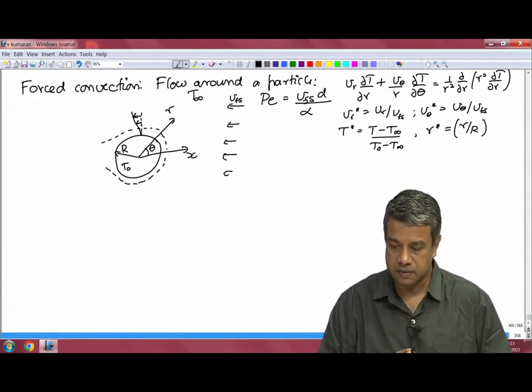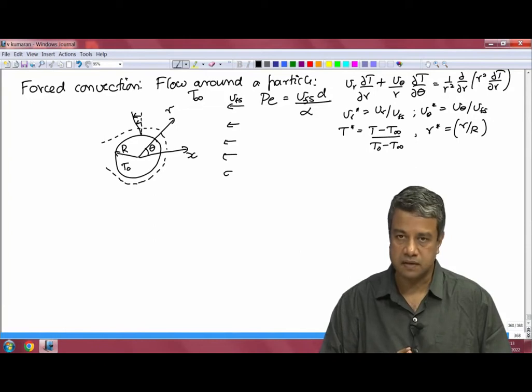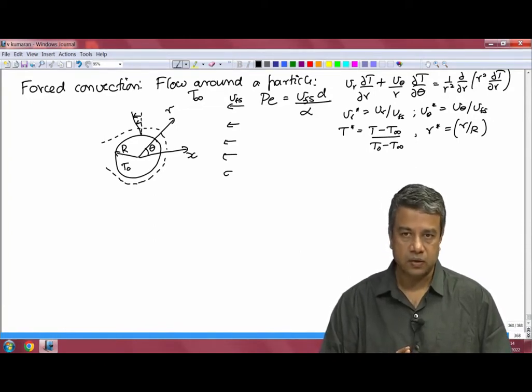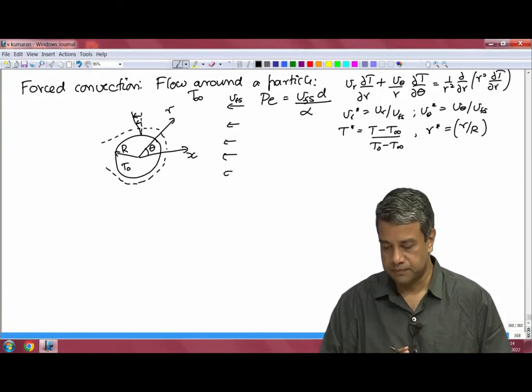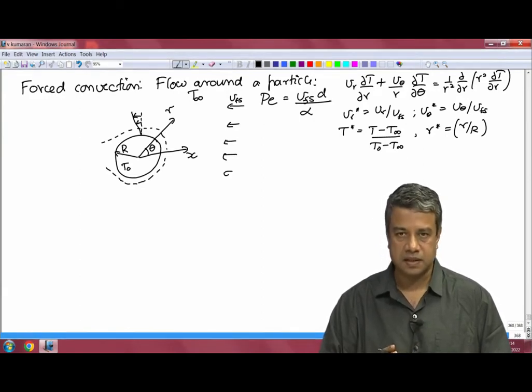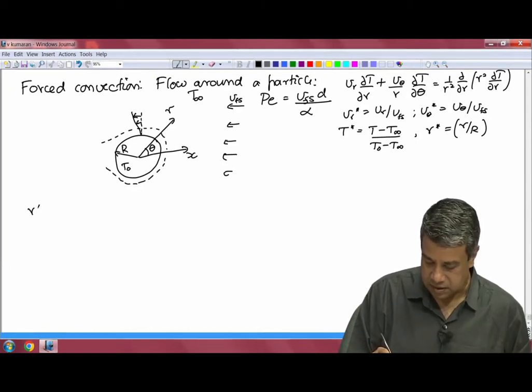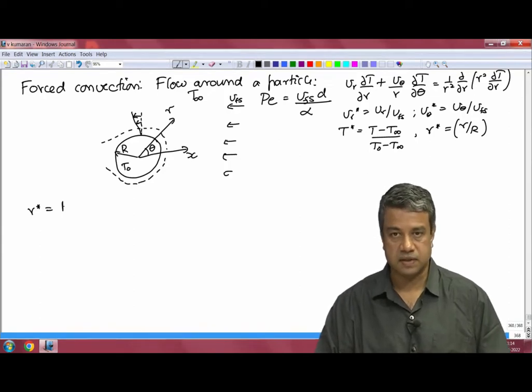the distance from the surface is much smaller than the radius of the particle. In that case, we can expand out the velocity fields in the small parameter, which is the distance from the surface. If you recall, we had expressed the r coordinate as r star is equal to 1. R star is equal to 1 is the surface, or r is equal to capital R is the surface of the sphere.